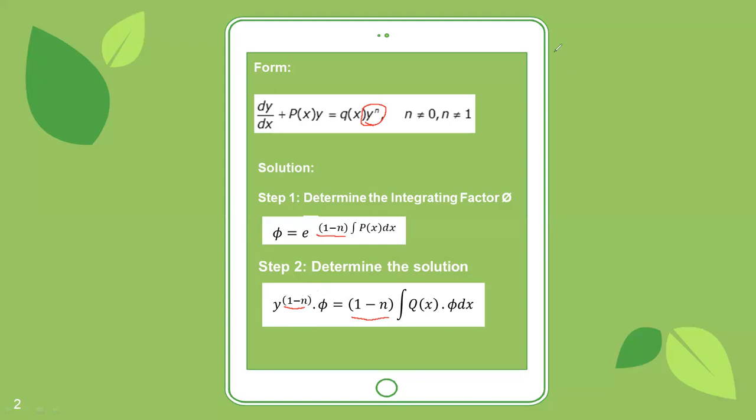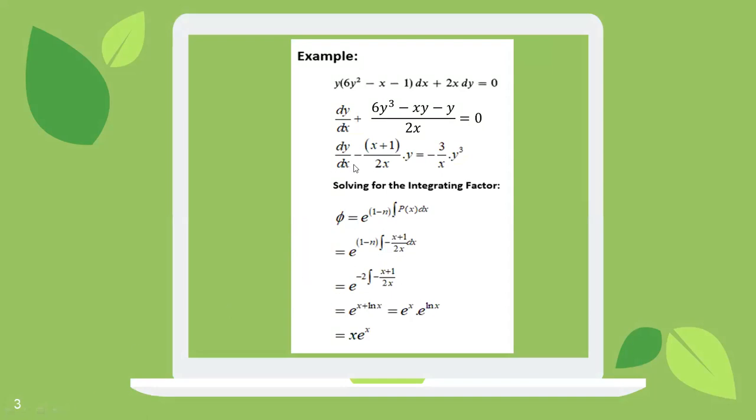Now, let me clear my markings. If you go to the example given here, again, I chose an example that does not look like a Bernoulli's equation, but it can be rendered as Bernoulli's equation.